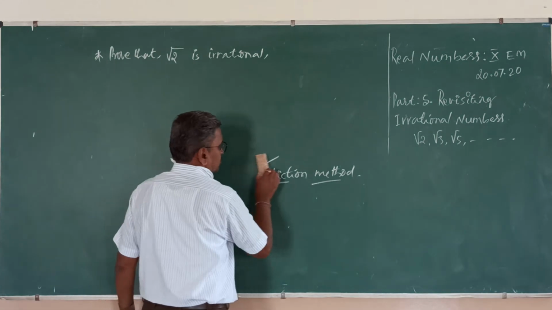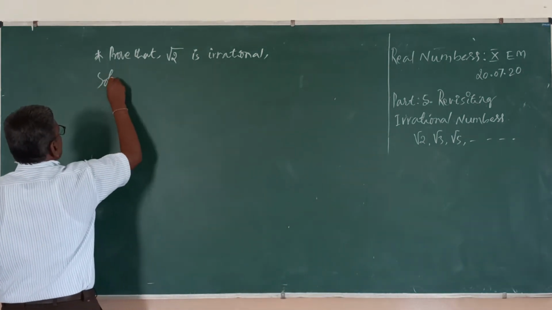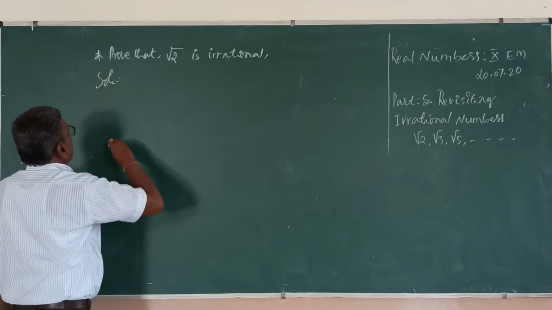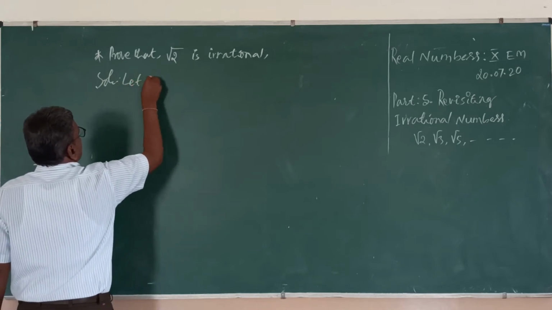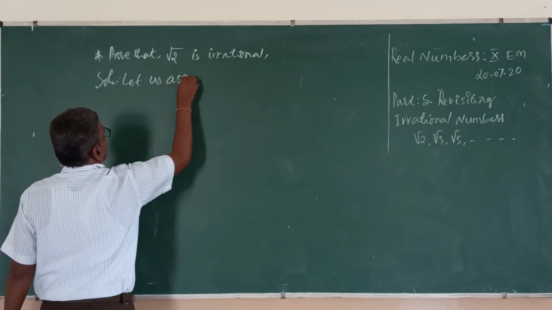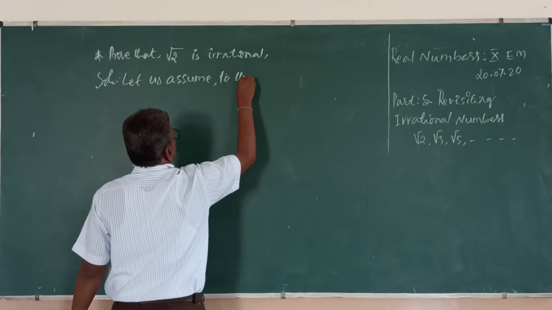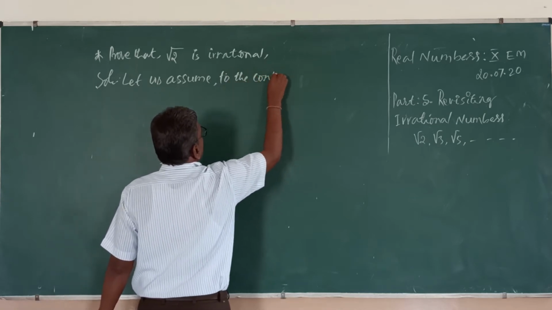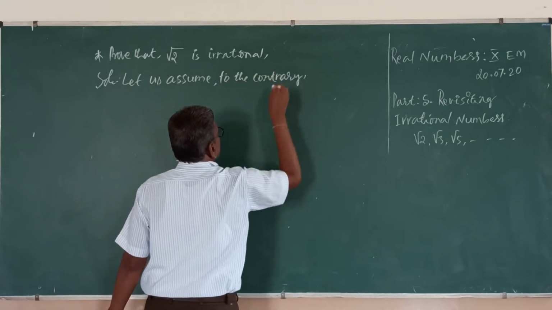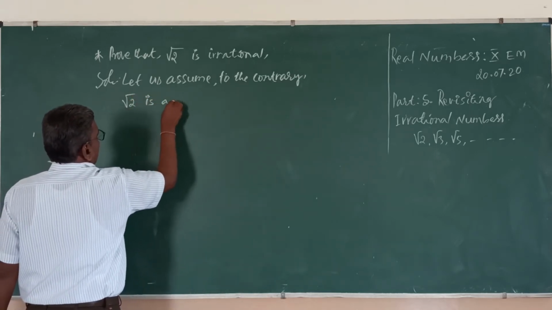Let us assume, to the contrary, that root 2 is a rational number.